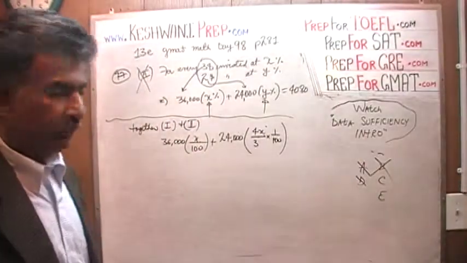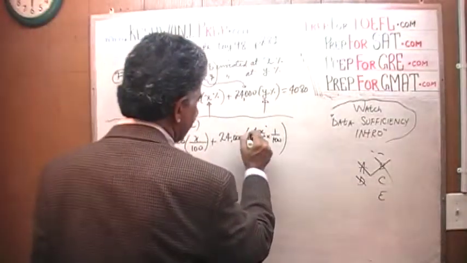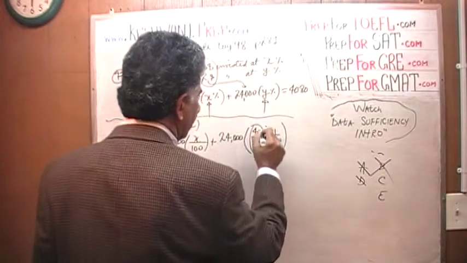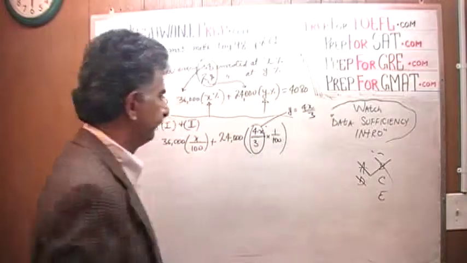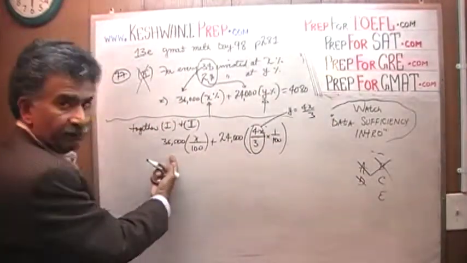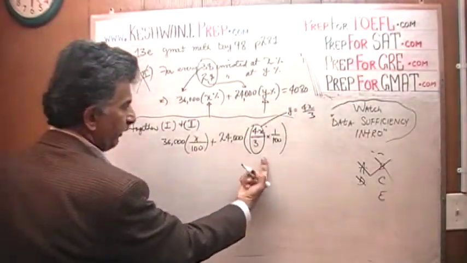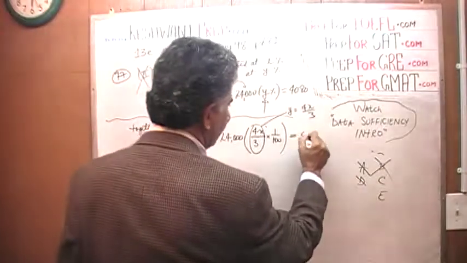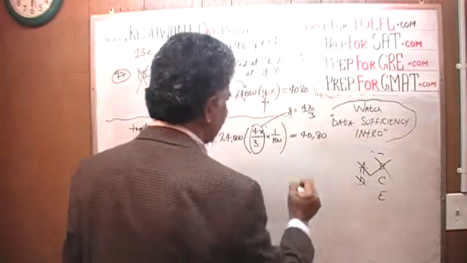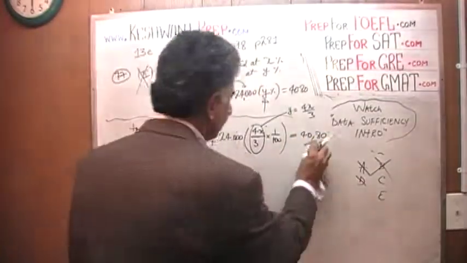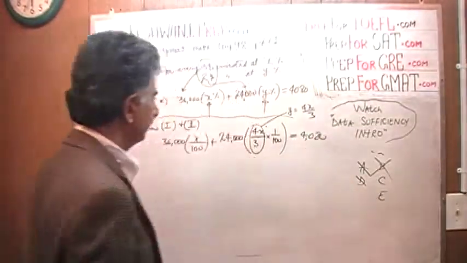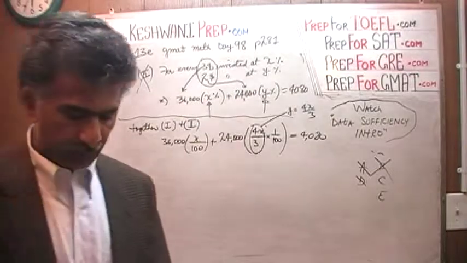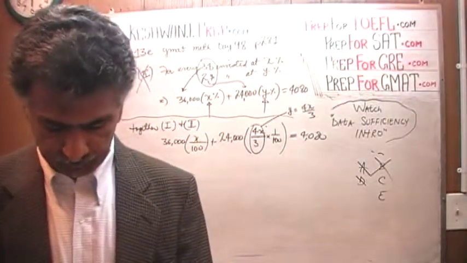You see, we have replaced this Y. This part is the Y part. This part comes from the fact that Y equals 4x over 3. So $36,000 at X%, $24,000 at Y%, and now we know that equals 4,080. That's it. We have one straightforward equation, all expressed in terms of one variable.